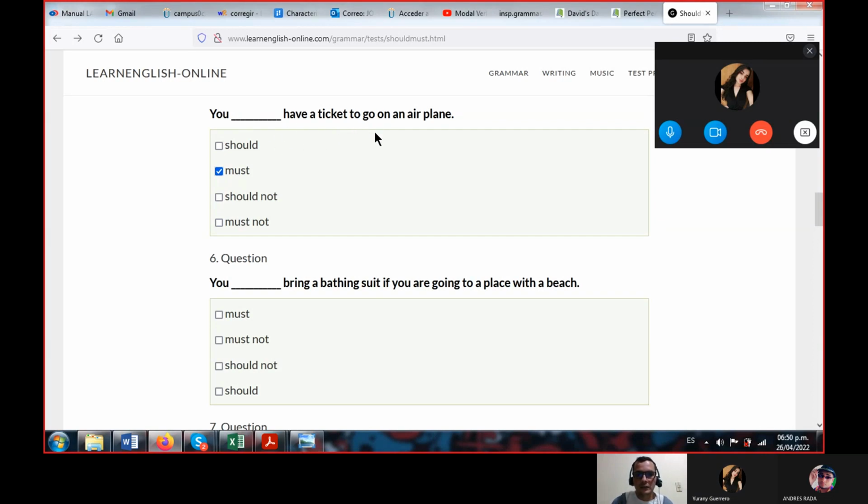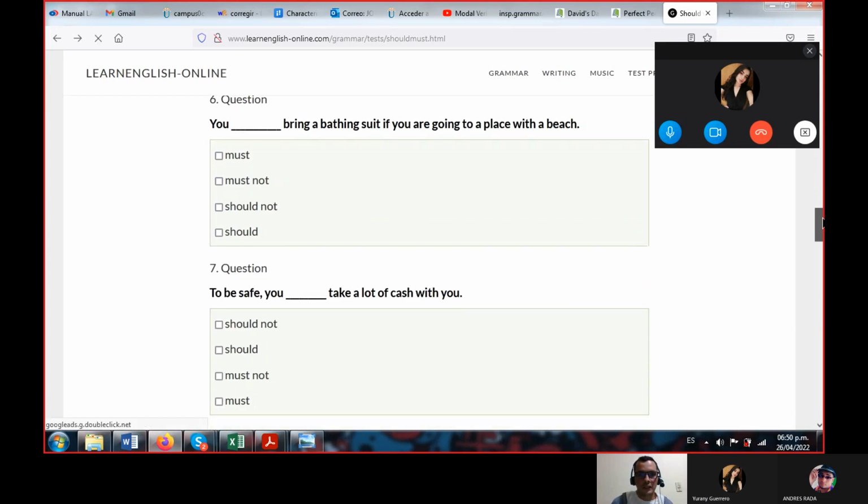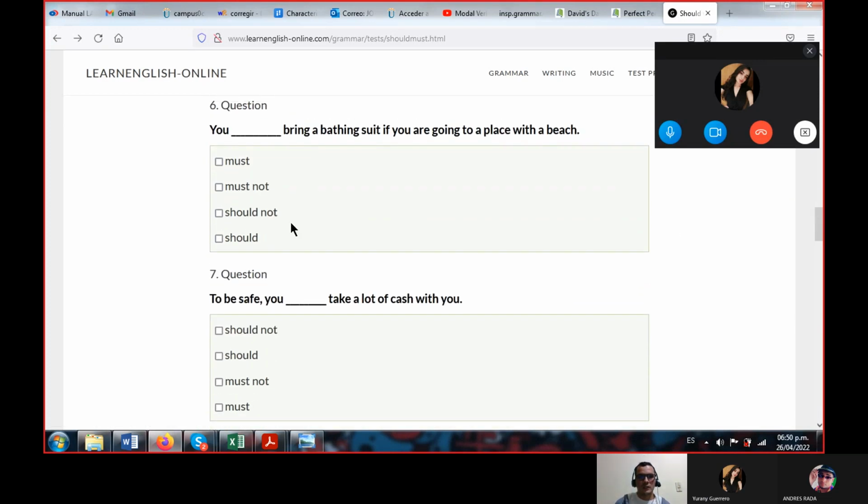Tú tienes que tener un tiquete. Para you es have, no has. Para este pronombre utilizamos el have. Pero en estas opciones, el must es más preciso.